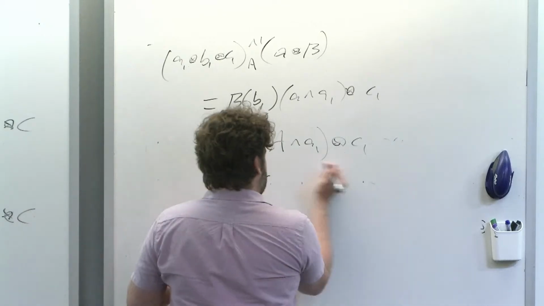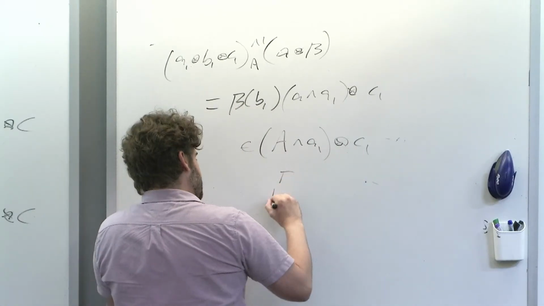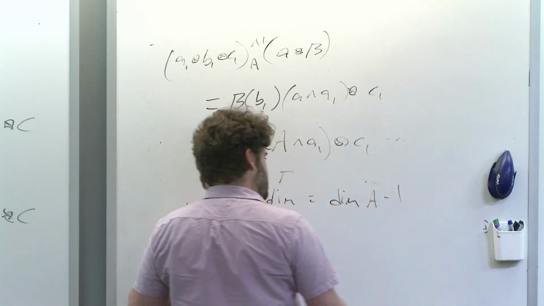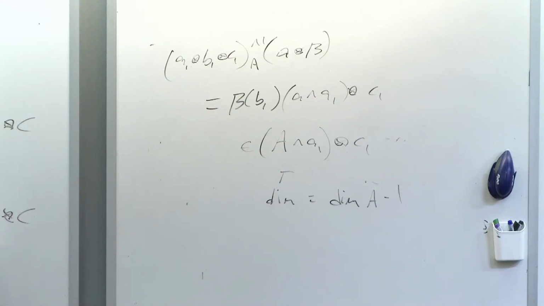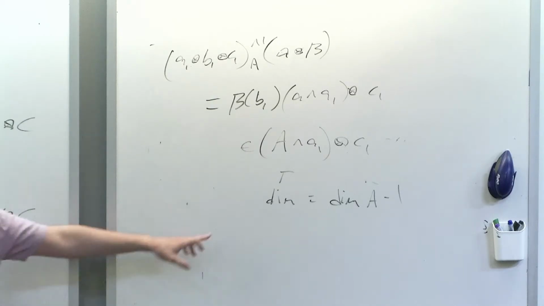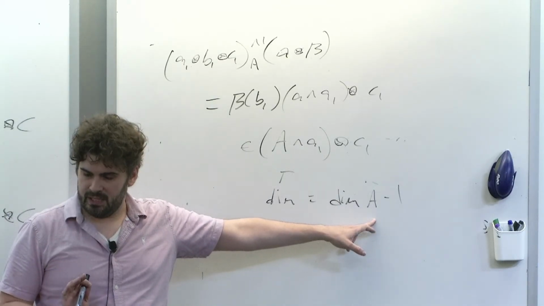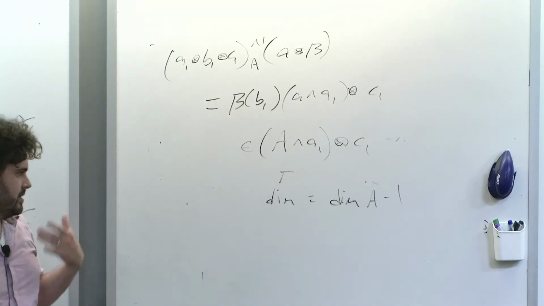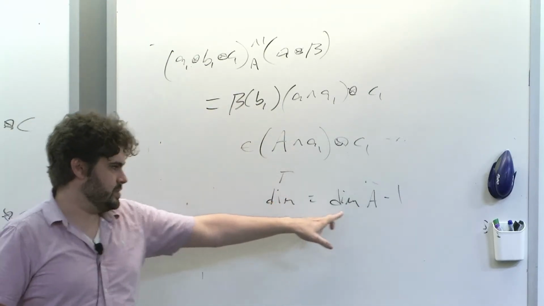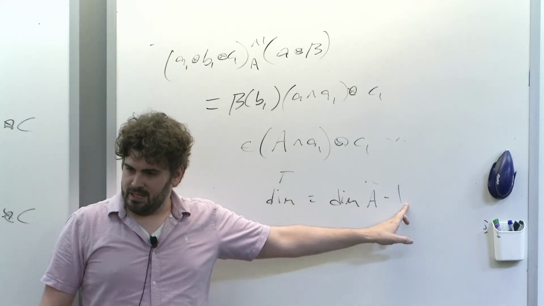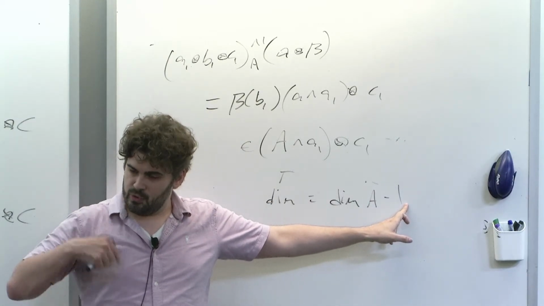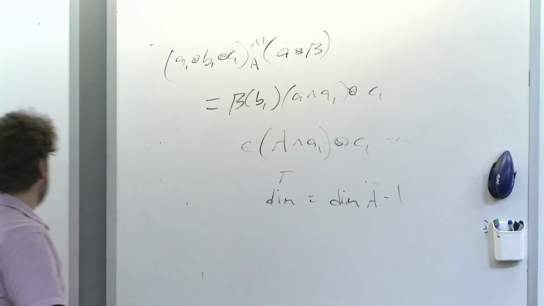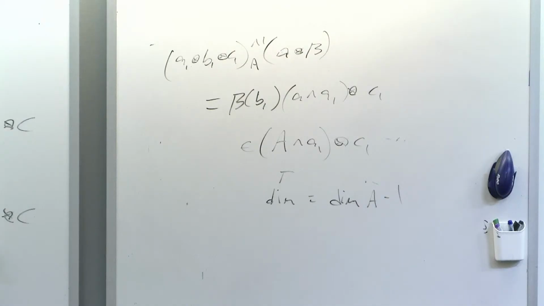So what I'm wanting to suggest is that the dimension of this is dim A minus 1. Which is good for me because this thing is occurring in the denominator of my lower bound. So the point of doing this wedge product is to get this minus 1 here. I'm making the rank 1 tensor map to a matrix of rank lower by 1 than if I did not include this last step.